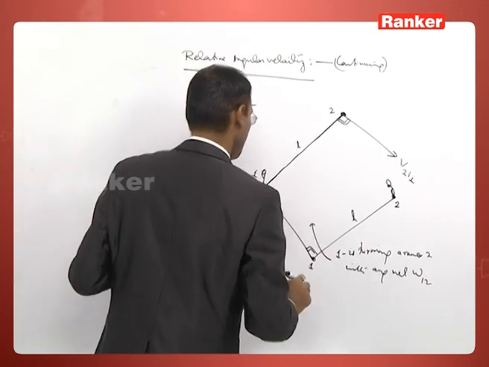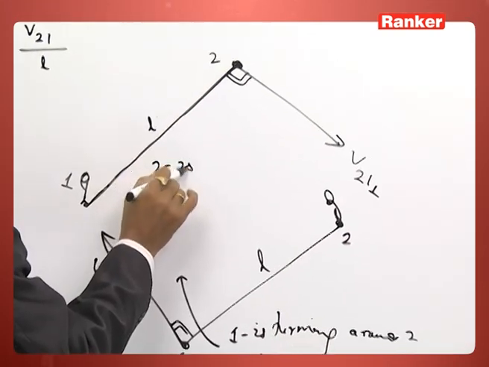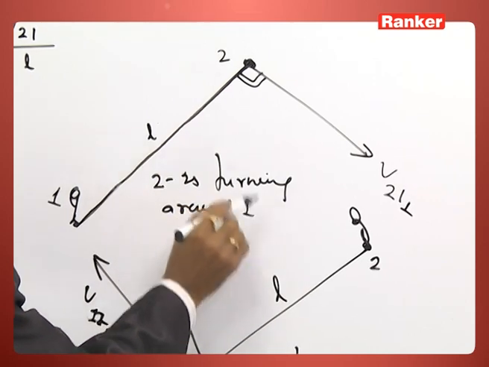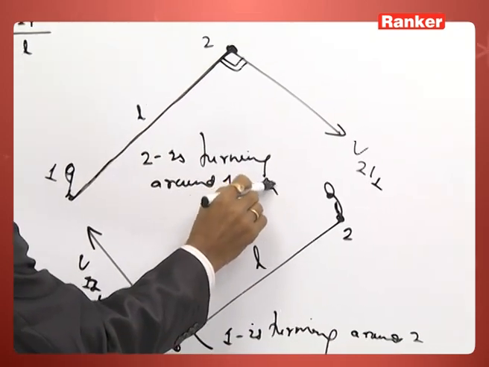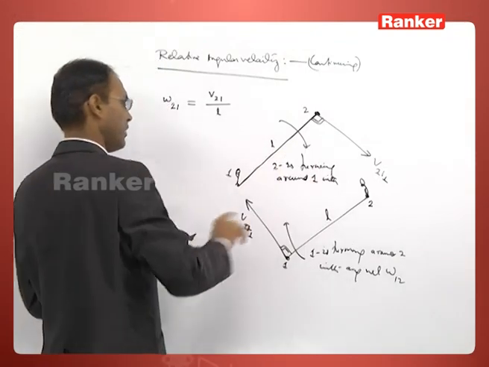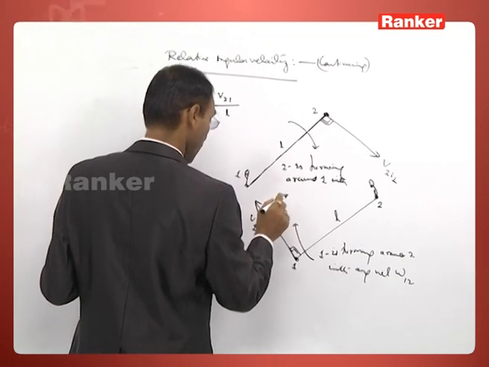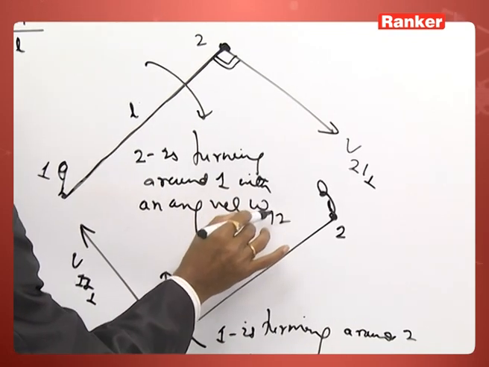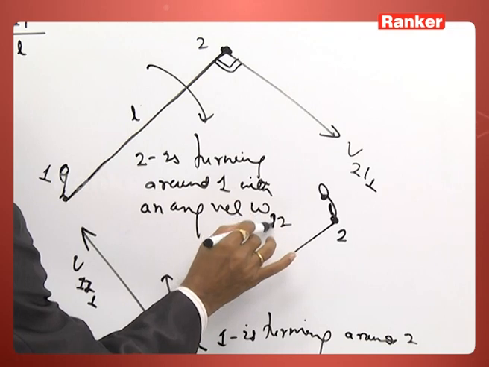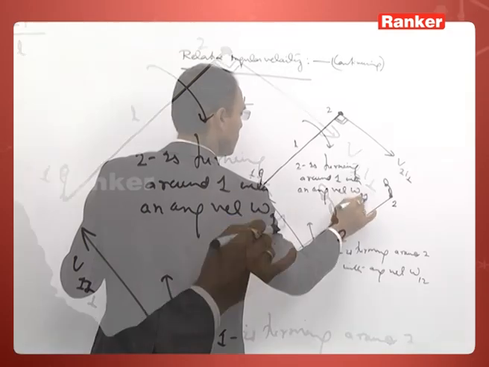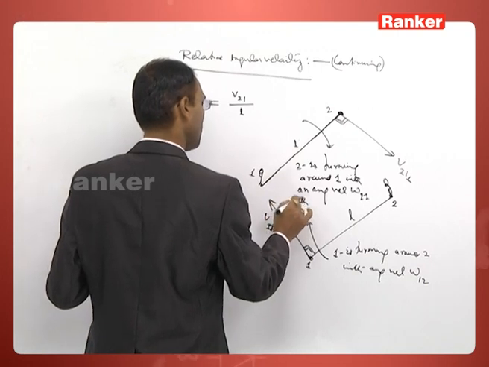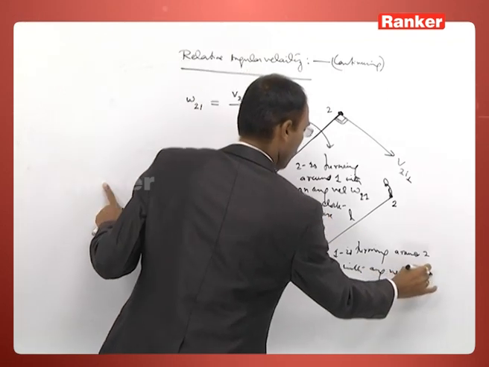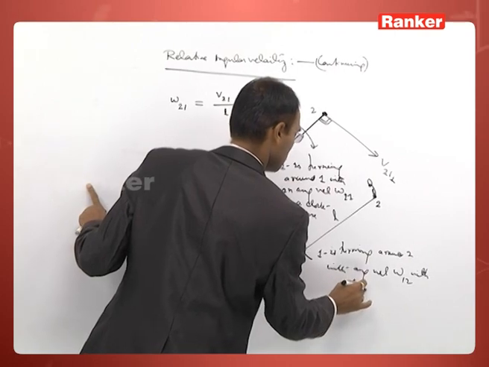Here 2 is turning around 1 in clockwise sense with an angular velocity omega 21, with a clockwise sense.